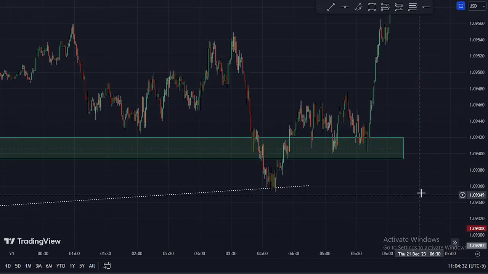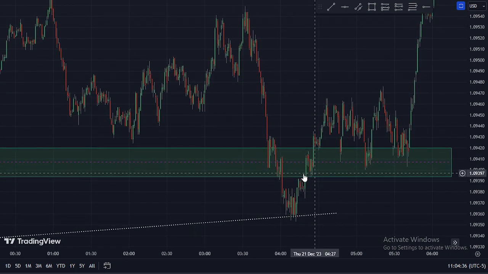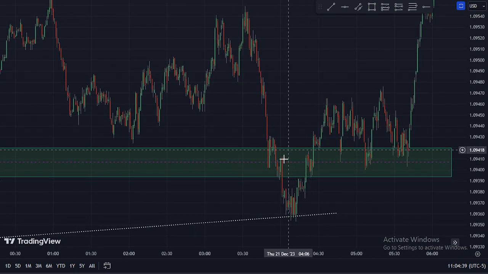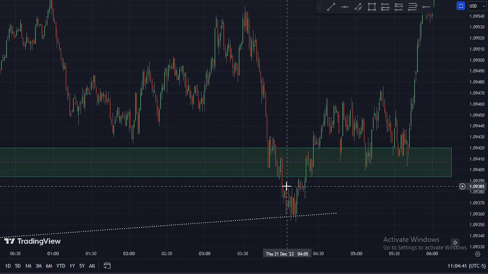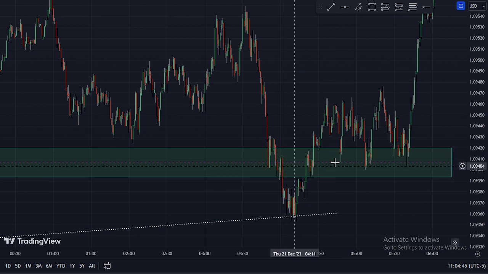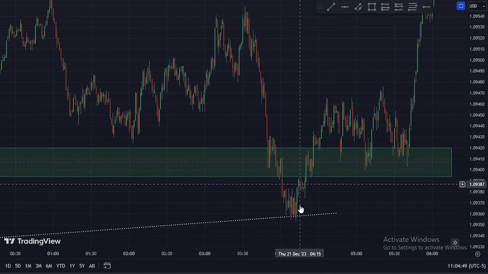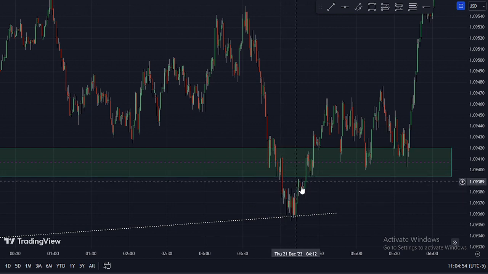So we had that. We traded inside this gap. Yes, we colored outside the gap, but when you look at the 15-minute chart, there was no candle close below this gap. So we had that, and then we had this swing high being taken right there.